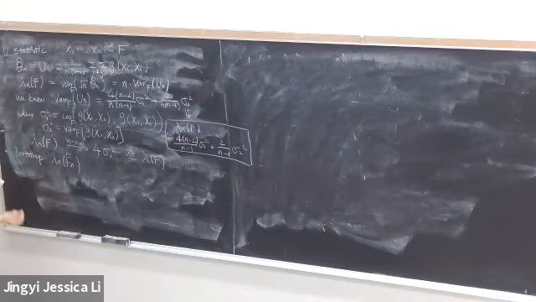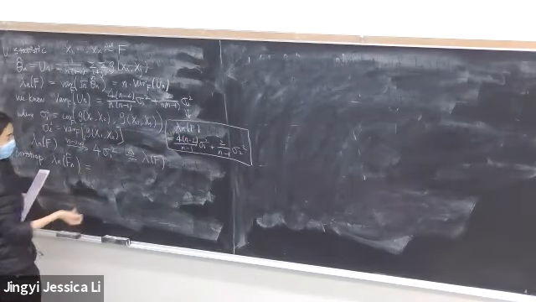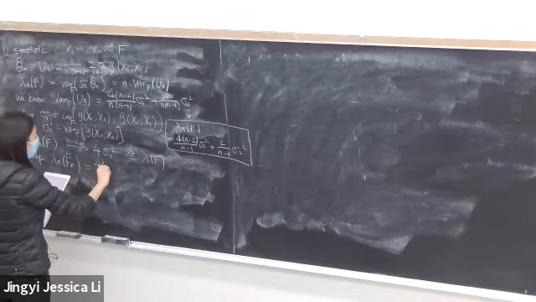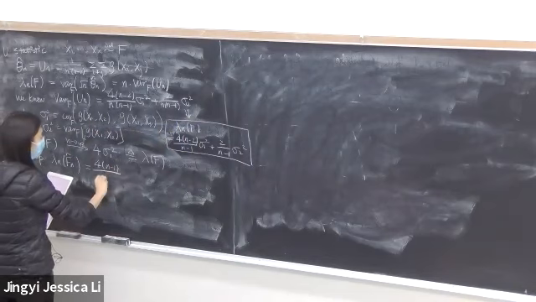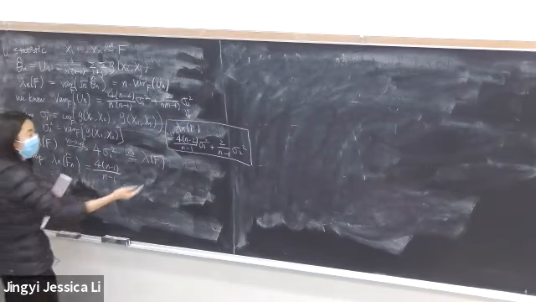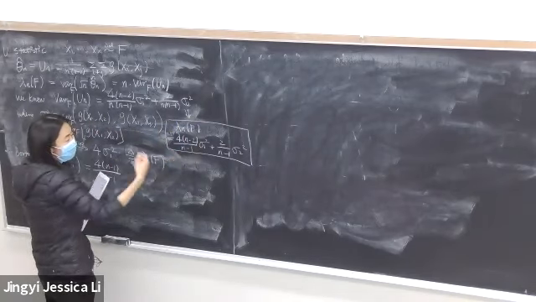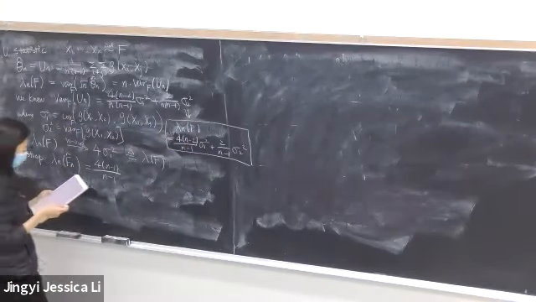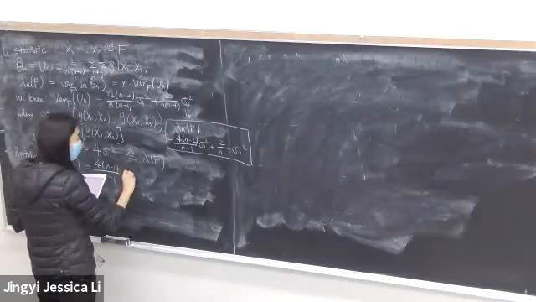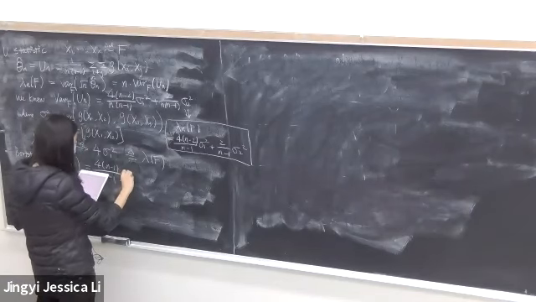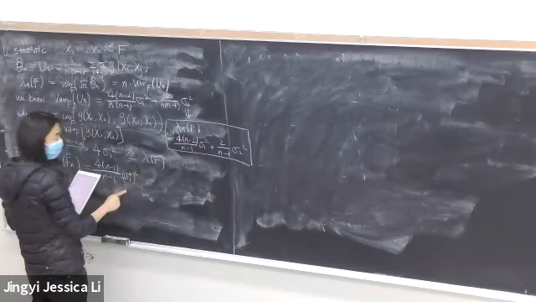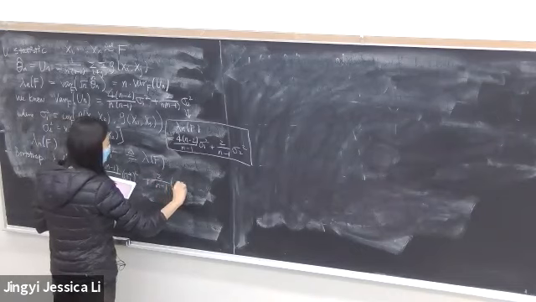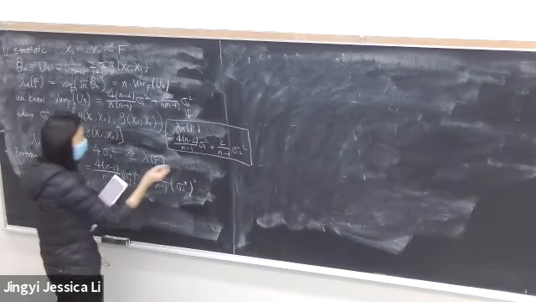Clearly, n is the same n because my bootstrap sample also has size n. But I'm going to replace the parameters here by the corresponding parameters from my Fn hat. I'm going to denote it as sigma 1 star squared plus 2 over n minus 1 sigma 2 star squared.